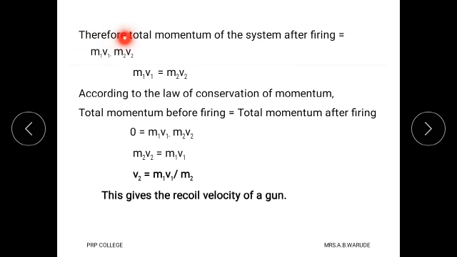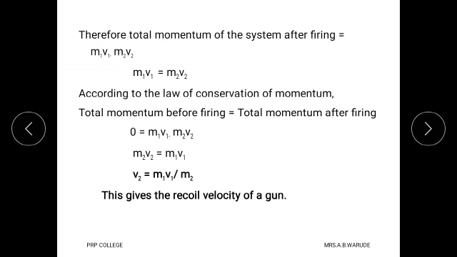Then we find the total momentum of the system after firing. It is equal to m1 v1 minus m2 v2 because the velocity of the gun is negative. But according to the law of conservation of momentum, the total momentum before firing is equal to the total momentum after firing.